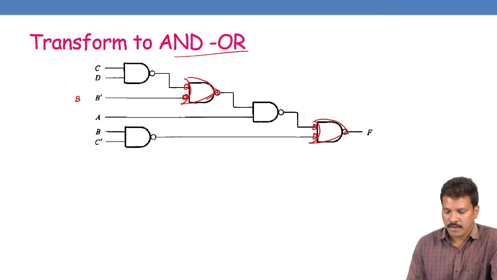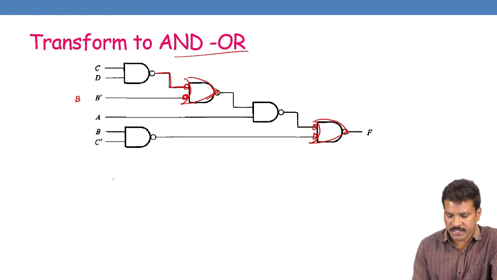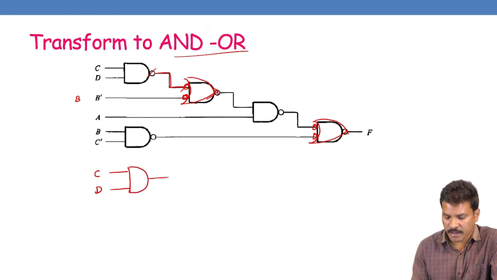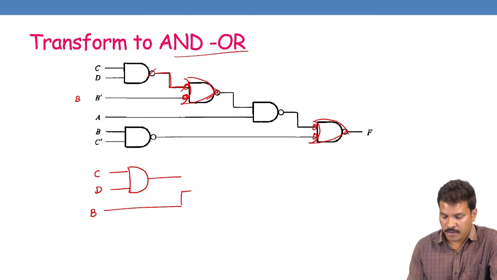Then in this diagram, wherever two bubbles come, they cancel each other. So they replace this diagram with C, D. These two bubbles are cancelled, so we can take that AND gate, and this B with an OR gate.